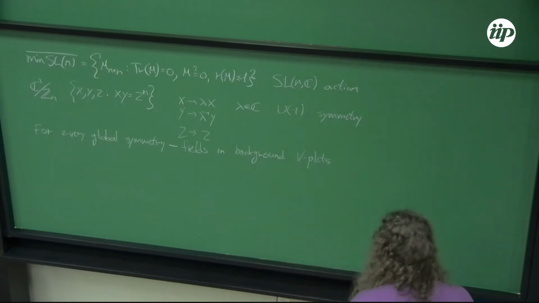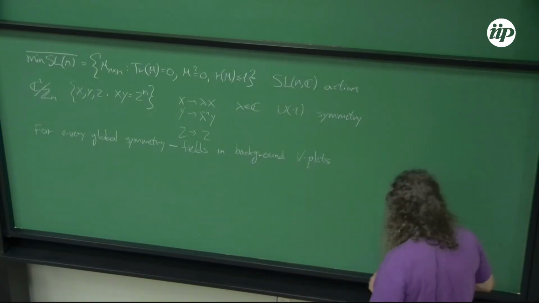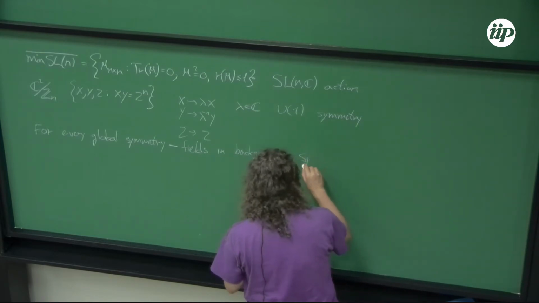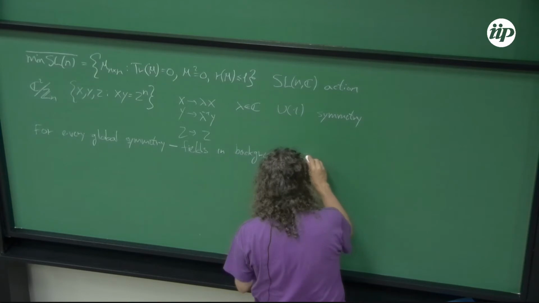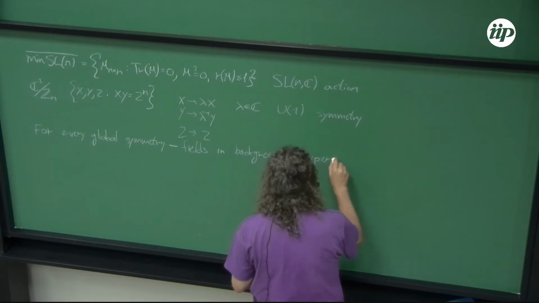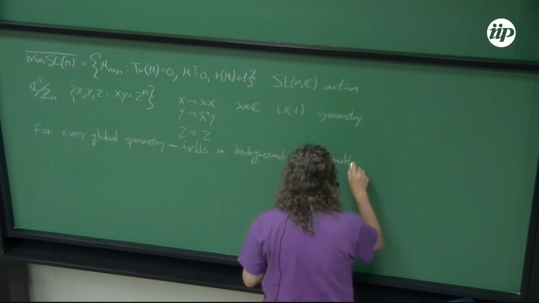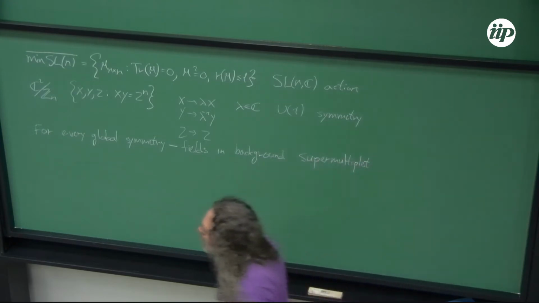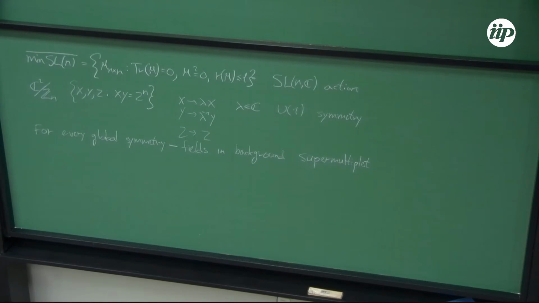Well, I should be more precise, not just vector multiplets, supermultiplets. So we need to be precise about this point. What are those background supermultiplets?